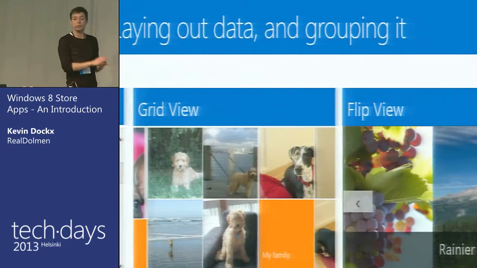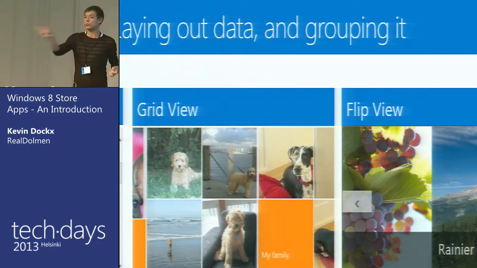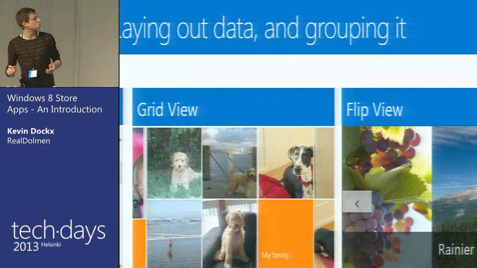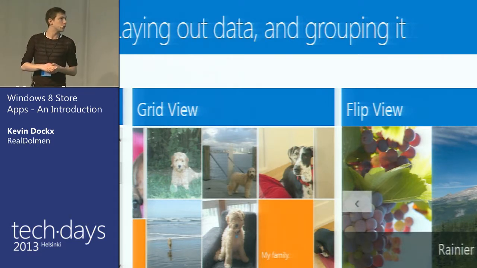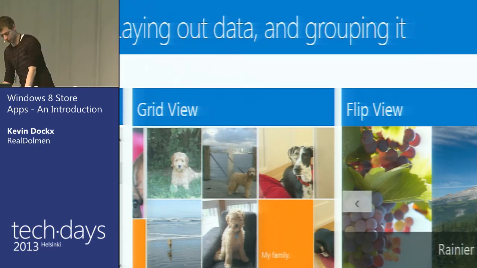And last one is the flip view, which is also a control that accepts a list of items or an observable collection of items, but that's used to flip through one by one. These are the main items for laying out your data in a Windows Store app, and you'll run across them quite often. And now we're going to see how you can actually group this data using a grid view.